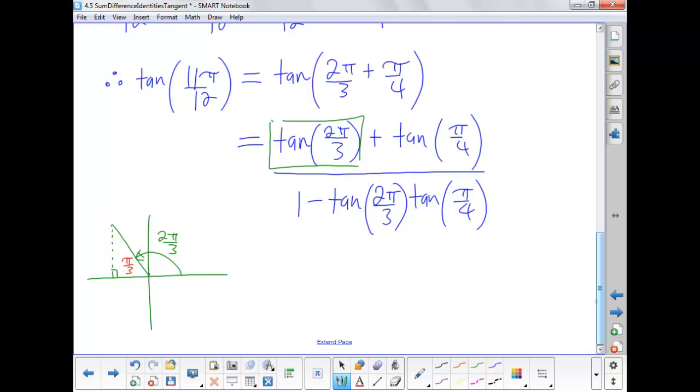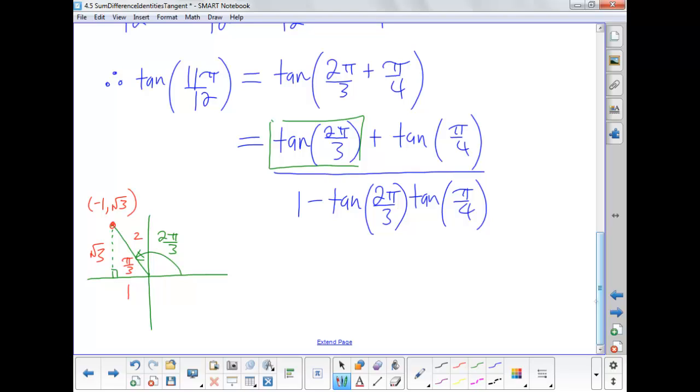So if I envision the side lengths opposite to that and adjacent to that, I would have root 3, 1, and 2. And if I focus on what the coordinates of that point right there would be, I'm in the second quadrant, so I know my x-coordinate's negative and my y-coordinate is positive.